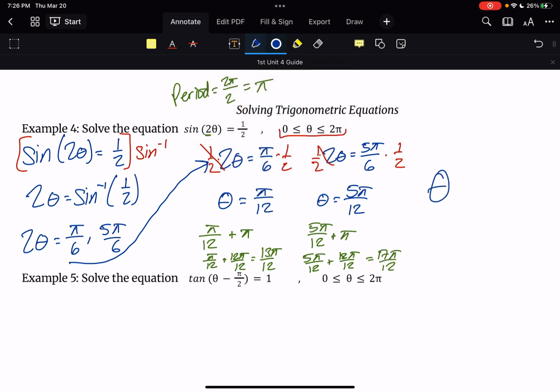So this trig equation actually has 4 solutions: pi over 12, 5 pi over 12, 13 pi over 12, and 17 pi over 12. So anytime you have a change in the period of the function, you do have to make sure that you take that into account and make sure that you get all of the solutions that you can inside of that interval.